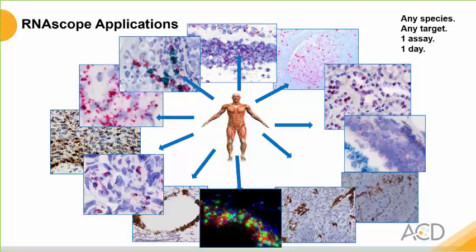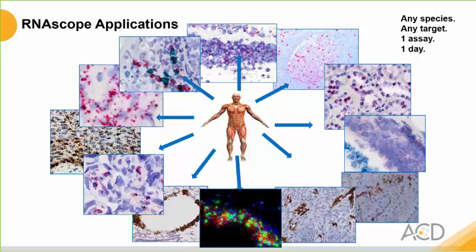The size limits of the probes, that's another great question. We have a standard technology that aims to design probes to approximately a 1,000 base pair target. If we have the sequence available, we'll generally try to design a probe that spans a 1,000 base pair target with about 20 double Z pairs.